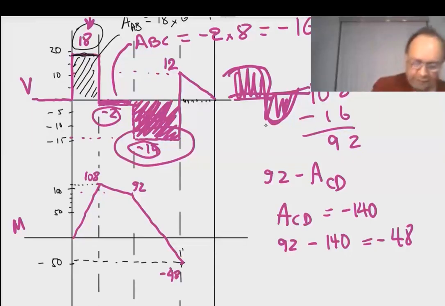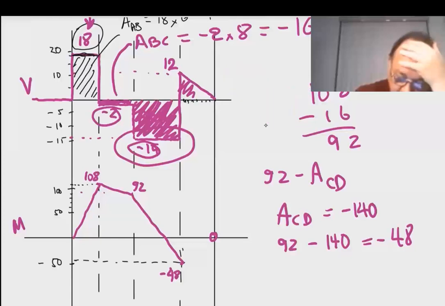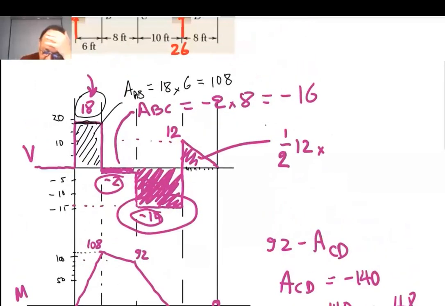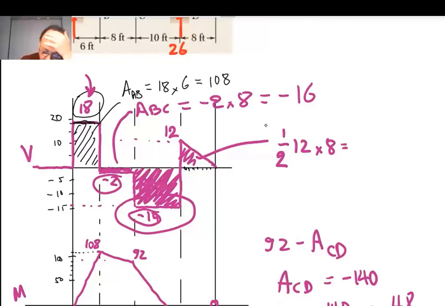Now the last piece. Now we have to get to this point here by adding this area. This area is equal to 1/2 of 12 times 8. So 48.